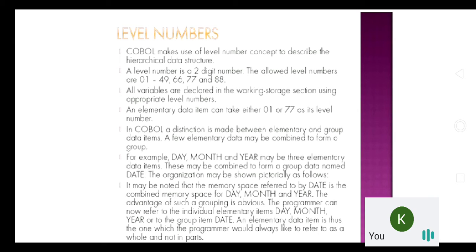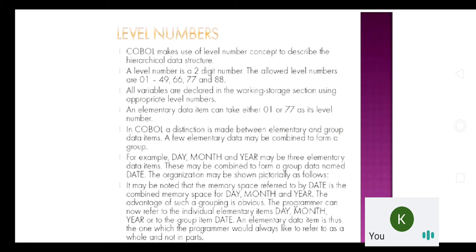This is the example that I already discussed with you. You have a day, a month and a year. Day indicates a value between 1 to 30, month indicates a value between 1 to 12, and year may be any year that you use in your program. These are three different elementary data items.